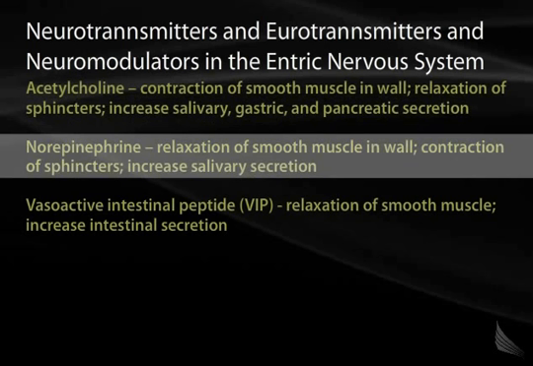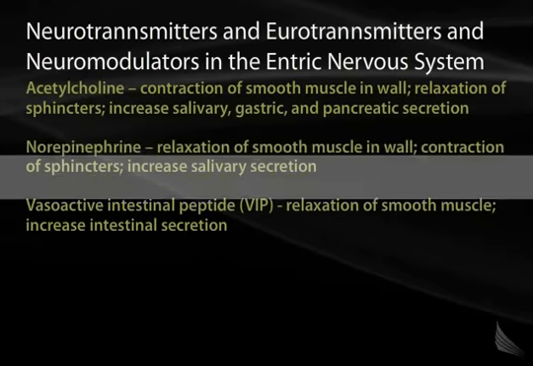Norepinephrine causes relaxation of smooth muscles and contraction of sphincters. Therefore, it acts in opposition to what acetylcholine does. It also increases salivary secretion. This is one thing it has in common with acetylcholine, which, as we already mentioned, increases secretion along all parts of the GI tract, namely salivary, gastric, as well as pancreatic.